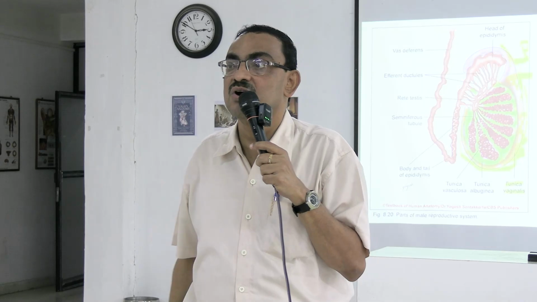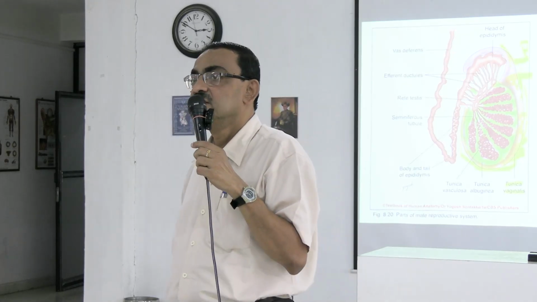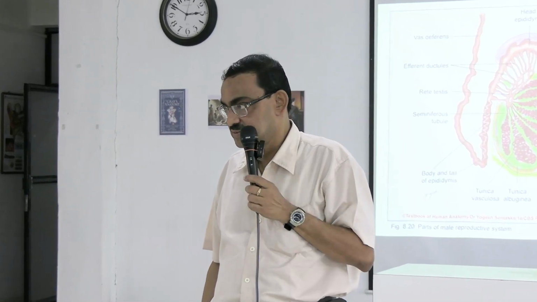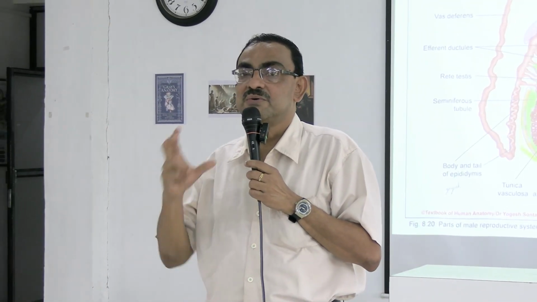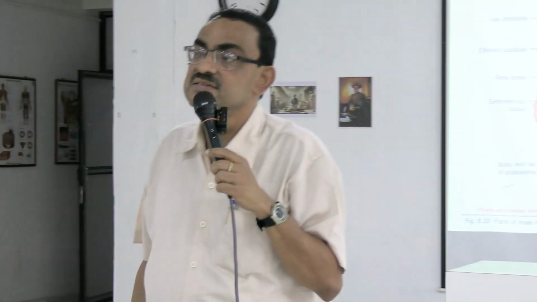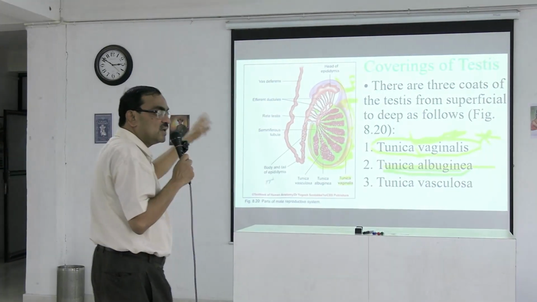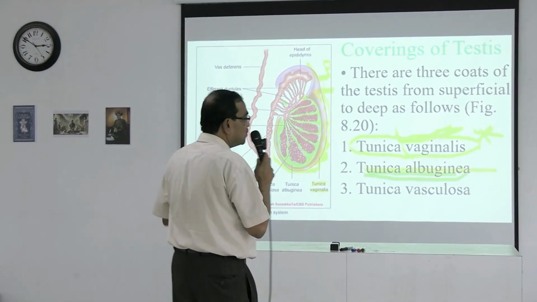The whole process is called spermatogenesis, which requires 60 days on an average. And the process is divided into spermatocytosis, and then from spermatid to spermatozoa, that is the spermiogenesis. There are two processes. I am not going into the function.